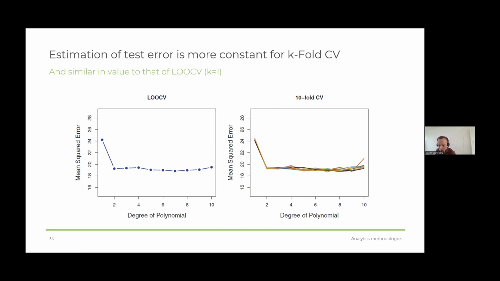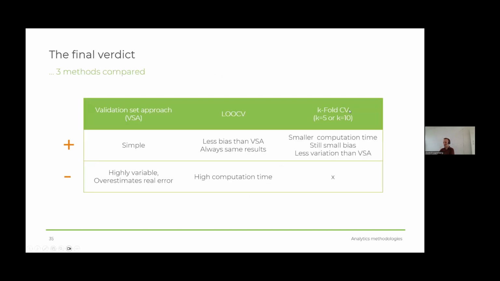I see there are a little bit more questions. So does the size of the data matter? Yes, in a lot of ways. So maybe that's one I can actually answer in the next slide. So let's just compare the three different methods. As we already mentioned, the validation set approach is pretty simple because you just do one split and you're done. But it's highly variable.